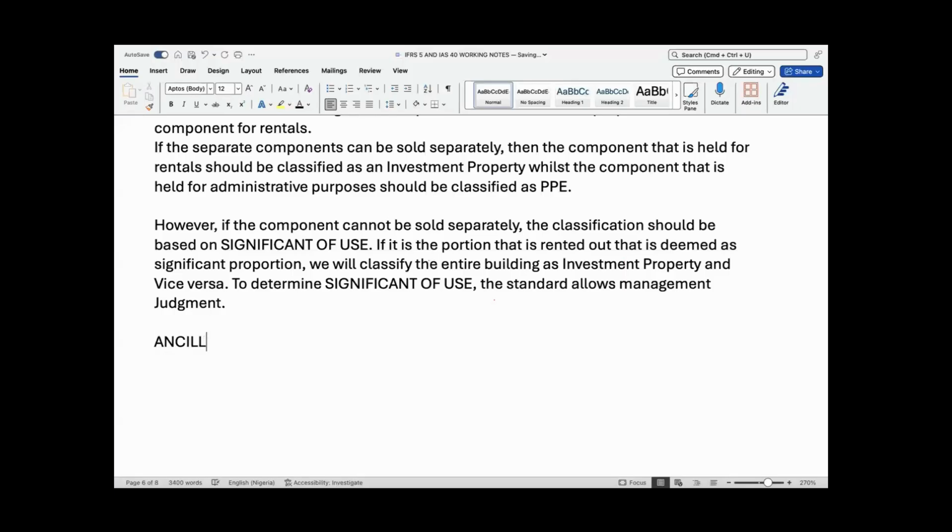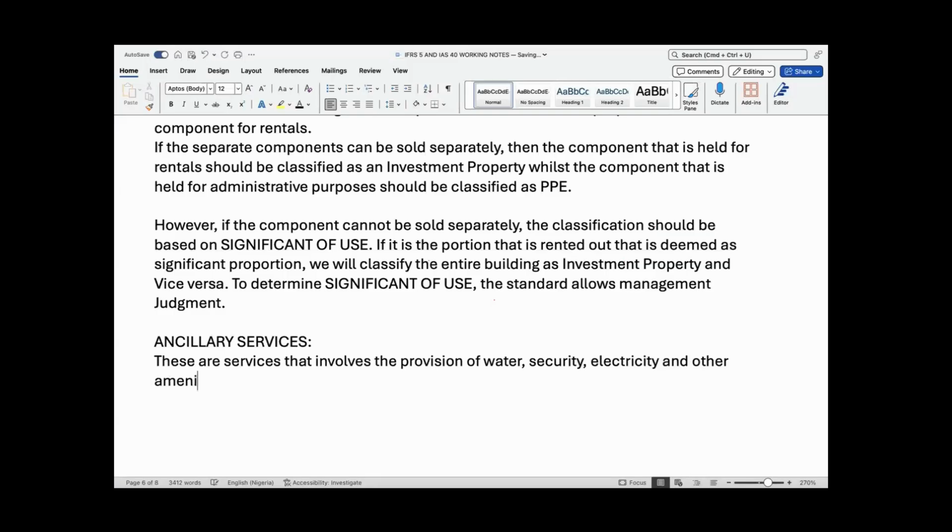Also, we have ancillary services. These are services that involve the provision of water, security, electricity, and other amenities on the building.